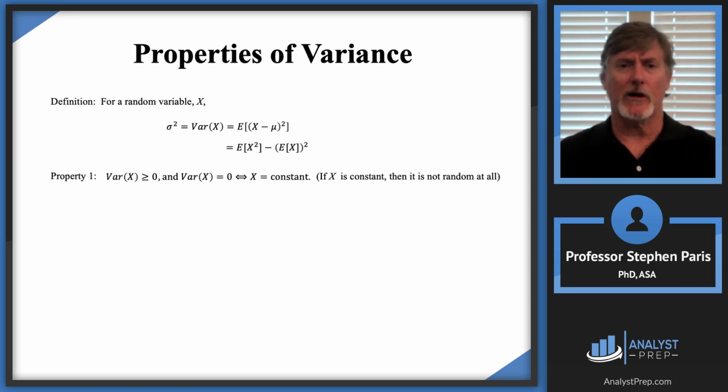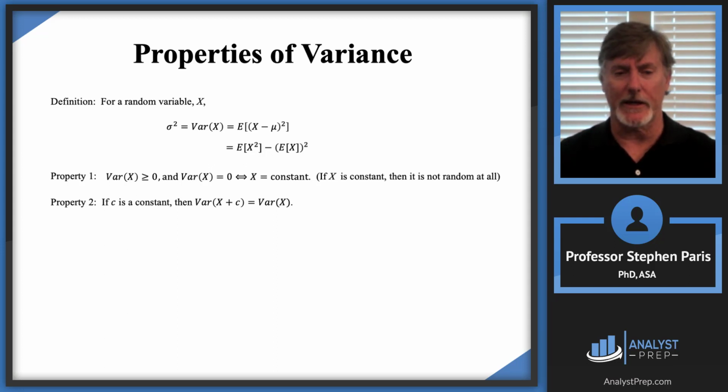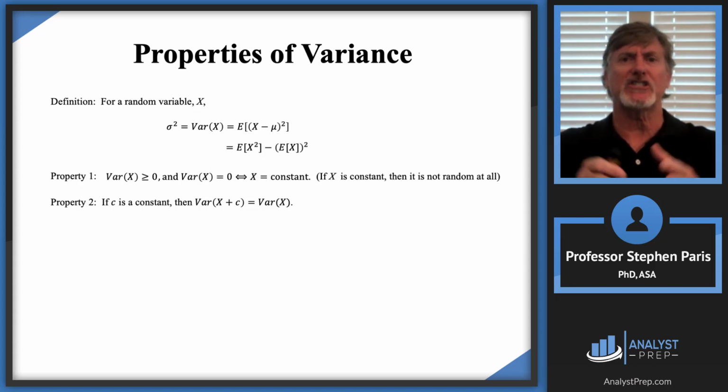Okay, the second property has to do with how we handle constants. So the second and the third property, actually. If you take a random variable X and you add the same constant to all the values of the random variable, you're just kind of shifting the random variable. And you're not changing how the random variable is spread out.